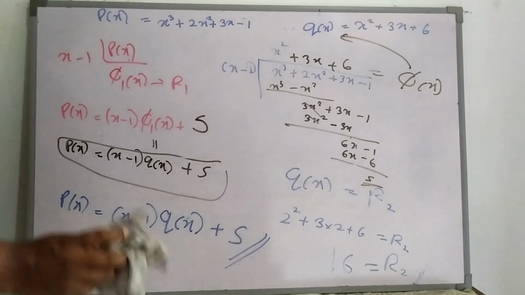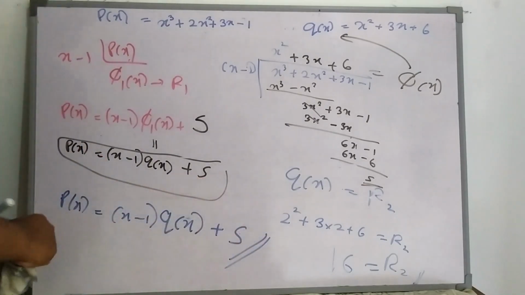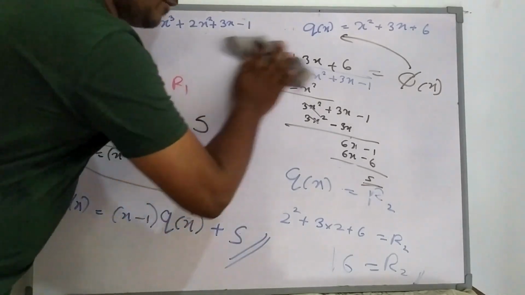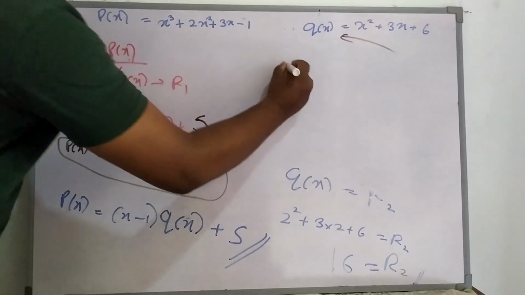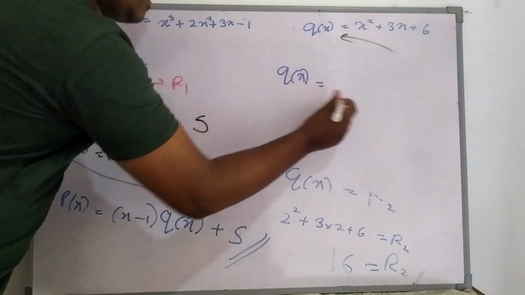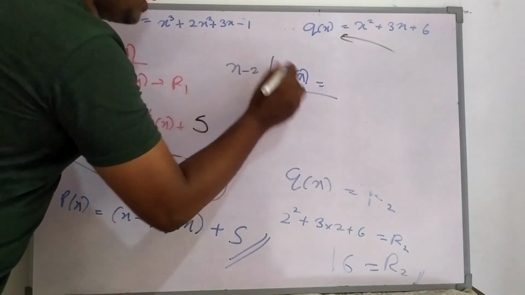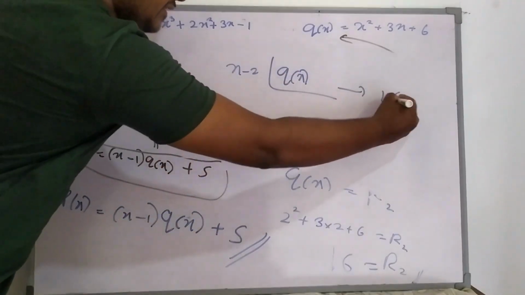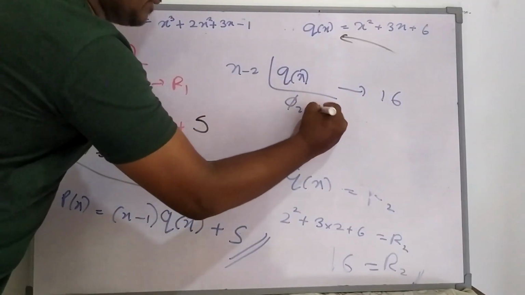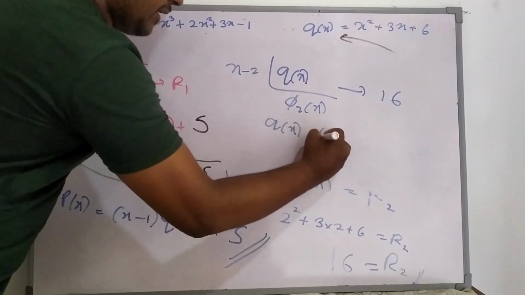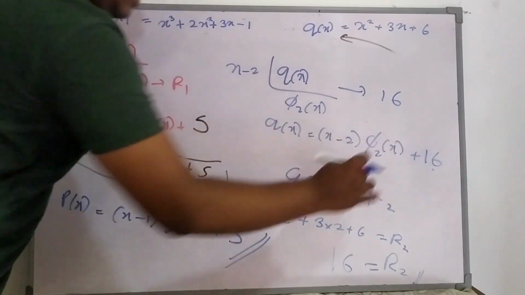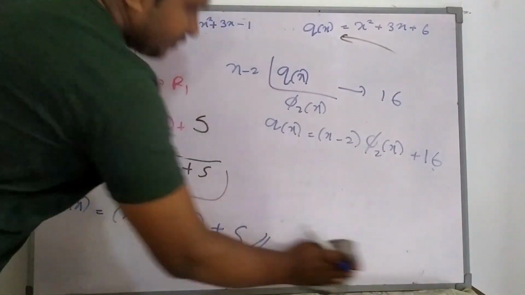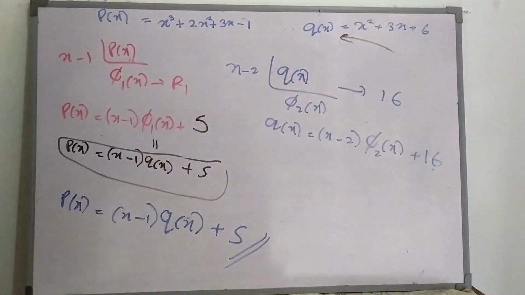We found this, and also we found Q(x) is divided by x minus 2, which is 16 in psi 2(x). So Q(x) equals (x minus 2) psi 2(x) plus 16. This is what we got as the first result, right?